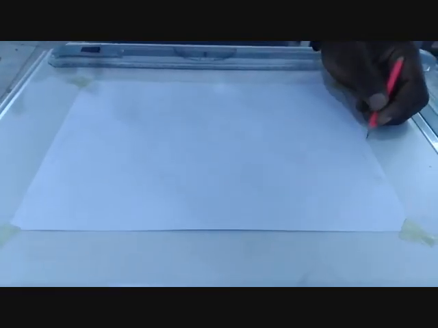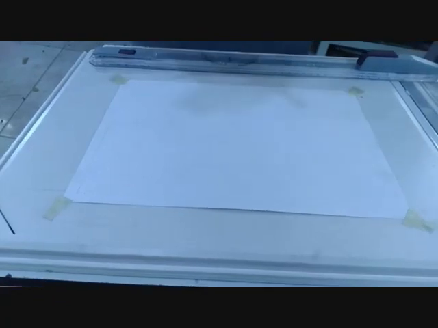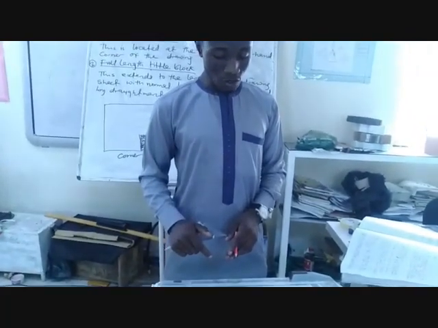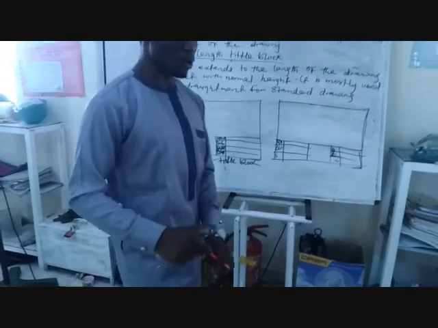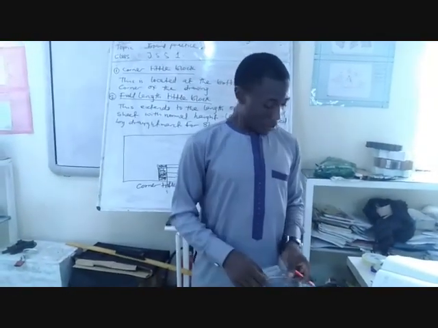I know you can draw this border line now. Remember I said from here to here is 10 millimeter. Also all the other edges have 10 millimeter. The next one is title block. We are going to use the first one, that is corner title block. Let's use corner title block because it's the one we normally use.